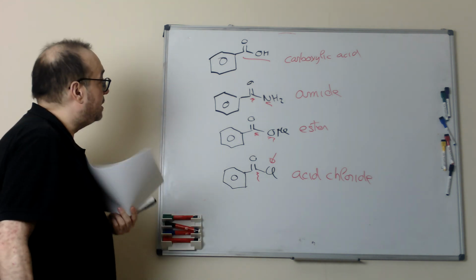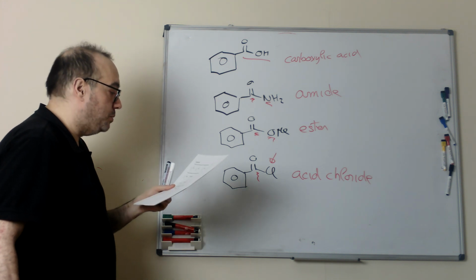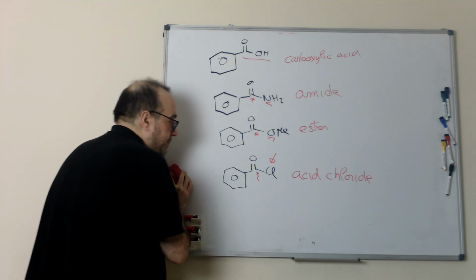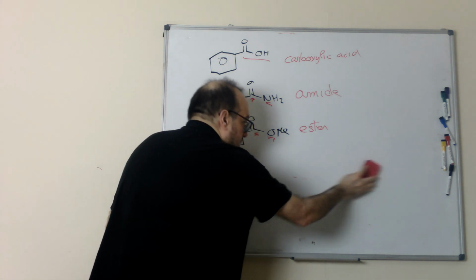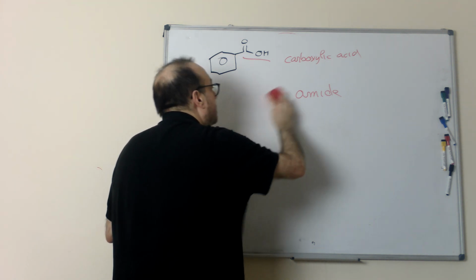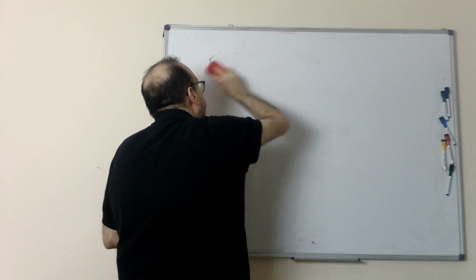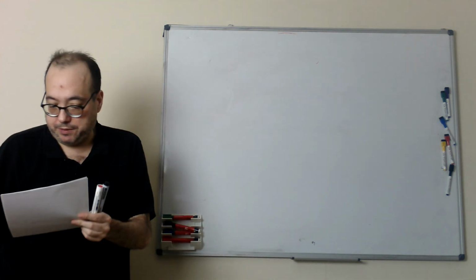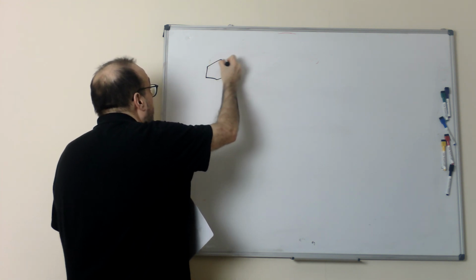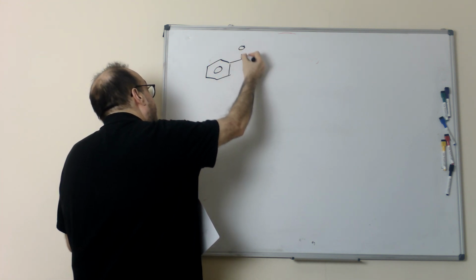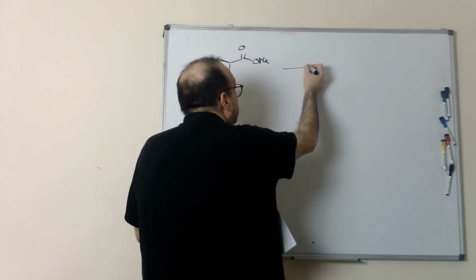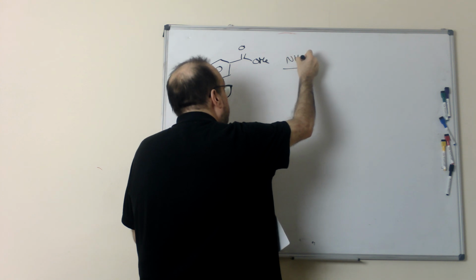Now we will start with exercise number 2, where we will write the mechanism for the following reactions. We have this compound, and we add ammonia in excess.